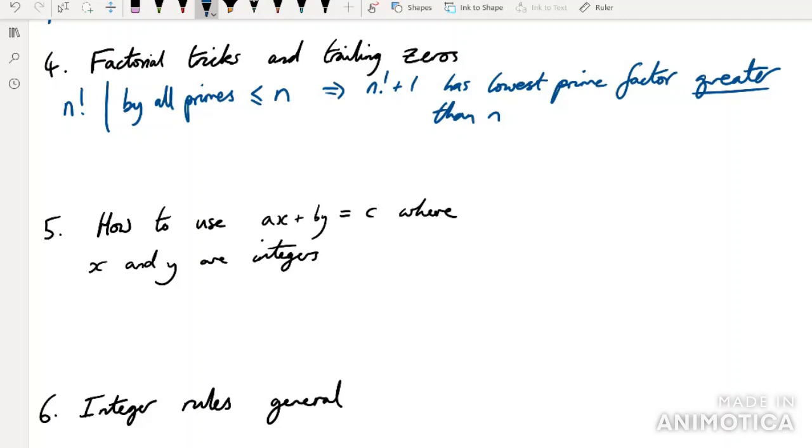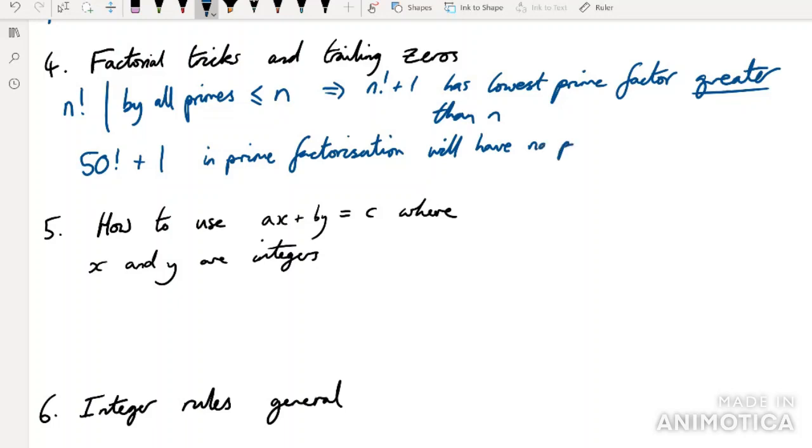So just for example, 50 factorial plus 1 in prime factorization will have no primes less than or equal to 50. So the first prime number that divides it is bigger than 50. That's all you can really say. You can't say much more about it.